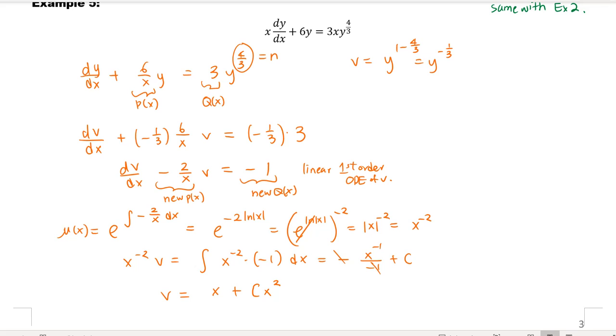And what is v? V is y to the negative 1/3. Okay? And if you want to solve for y, you raise both sides to the minus 3. So we get x plus cx squared to the minus 3. So this is the final answer.